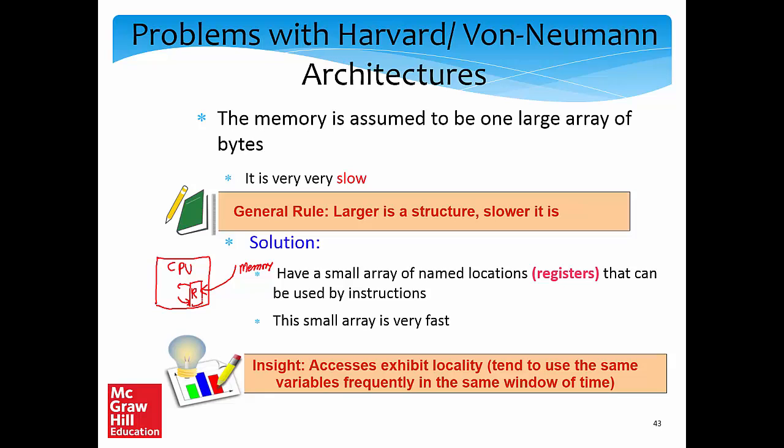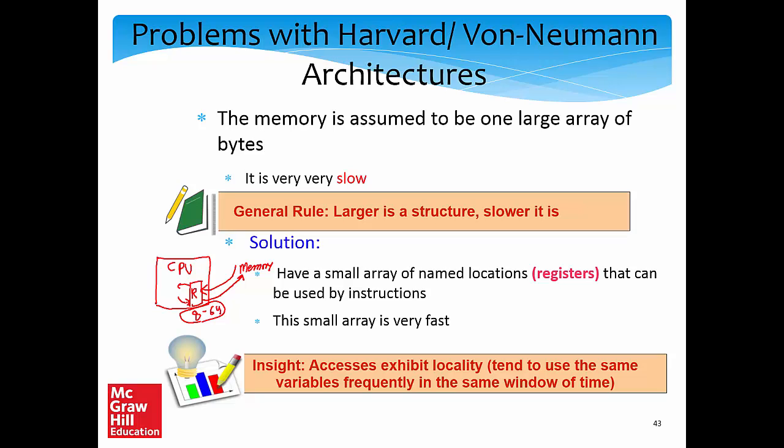And once we don't have any more space, we can write it back to memory and then read something else from memory. So memory is large and slow. The set of registers are small and fast. Typically we will have somewhere between 8 to 64 registers, and this makes accessing the set of registers extremely fast.